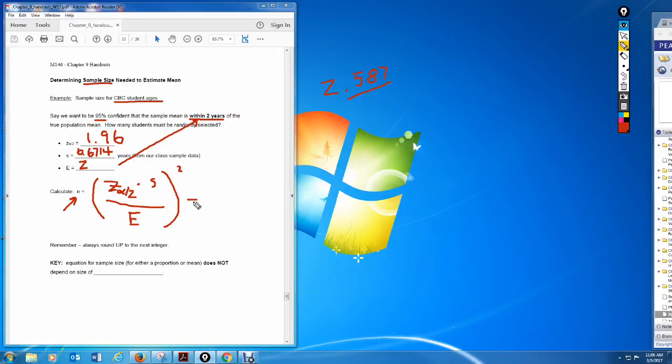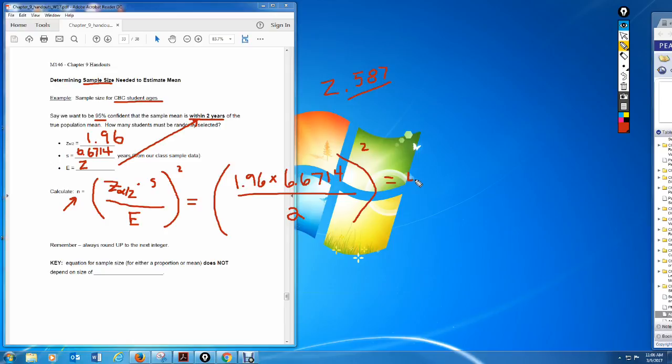All right, so if we go ahead and put these numbers in to calculate, we've got 1.96 times 6.6714 divided by 2. And then we want to take that whole quantity and square it.